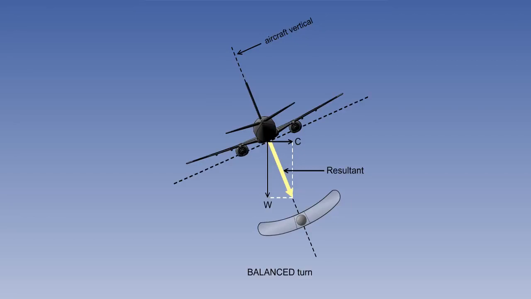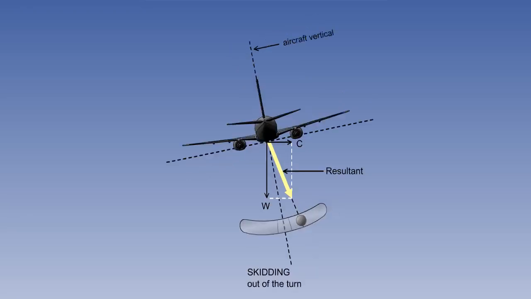However, let's look at a situation now where a turn has been initiated, but the angle of bank applied is insufficient for the rate of turn. The turn will be unbalanced, and the ball will be displaced away from the aircraft vertical towards the outside of the turn. With insufficient bank, the aircraft will skid out of the turn, and the indication on the slip indicator will be that the ball has moved in the opposite direction to the turn.